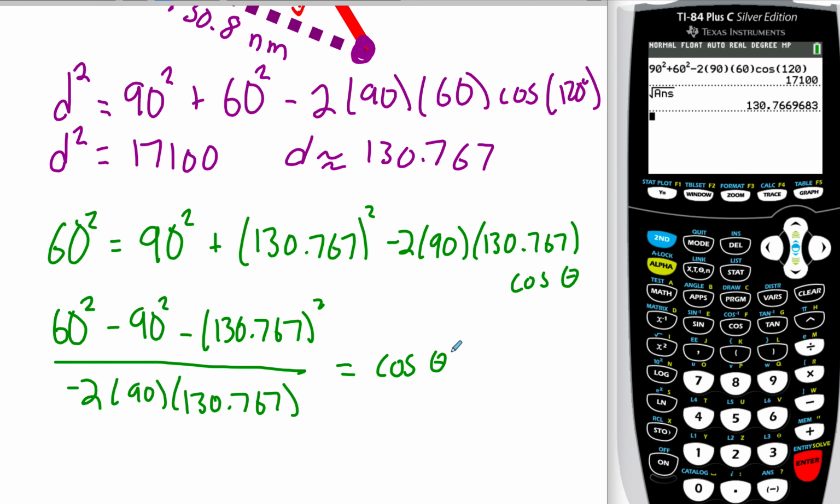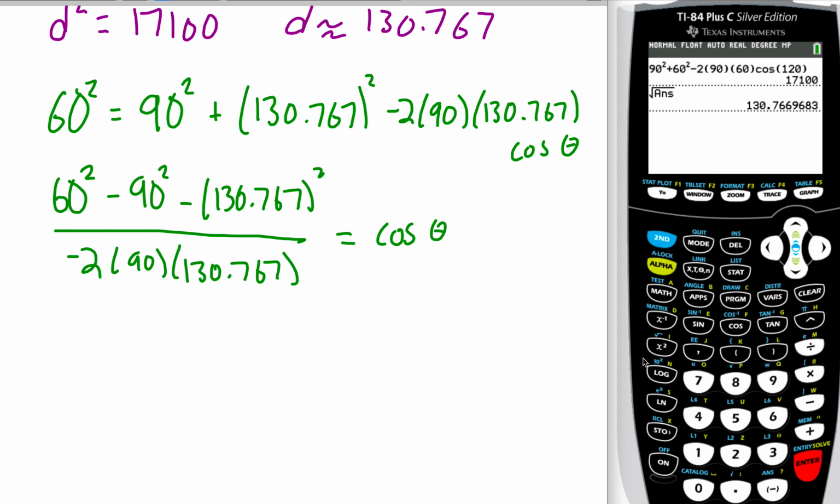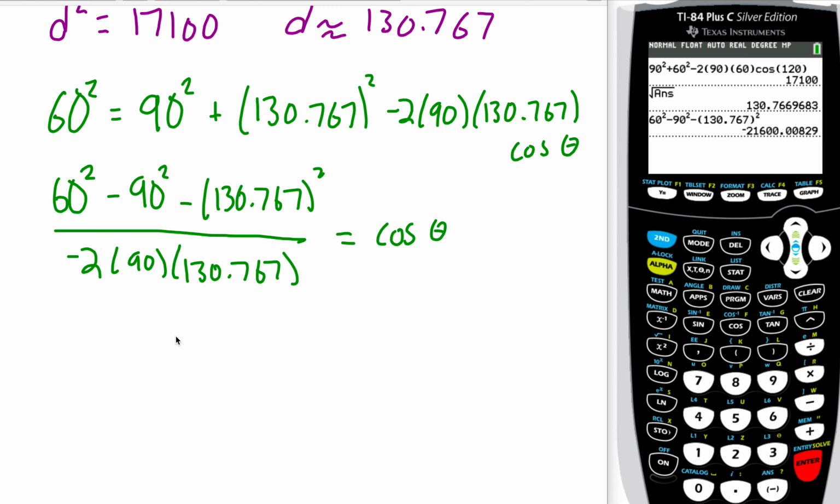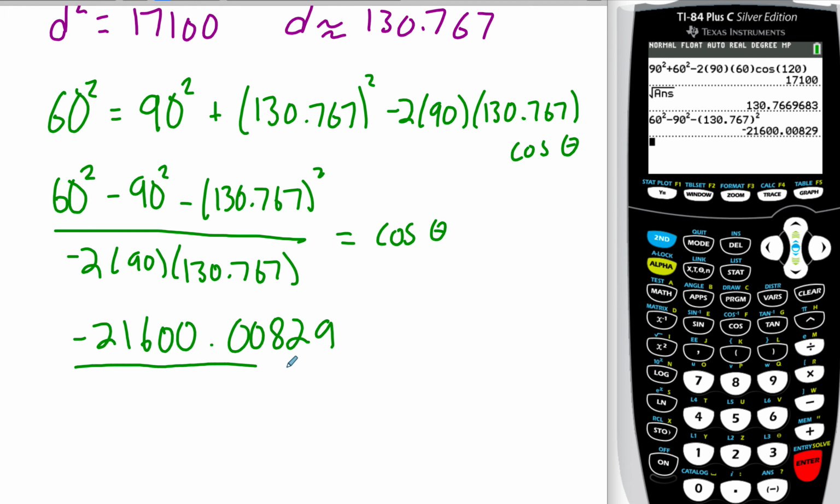Let's start by calculating this: 60 squared minus 90 squared minus 130.767 squared. So I've got negative 21,600.008. I'll just leave all the digits because it's not that big of a deal.